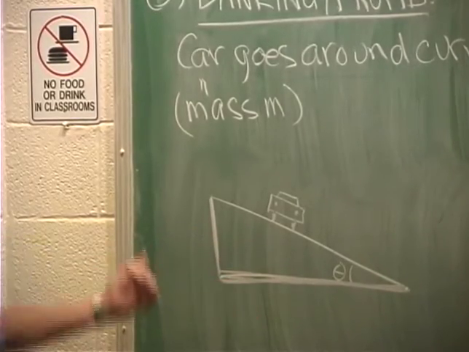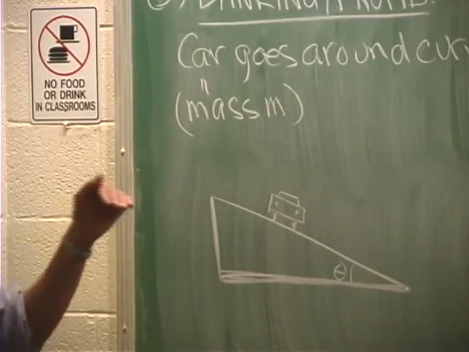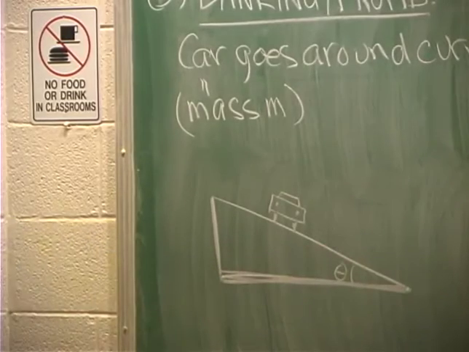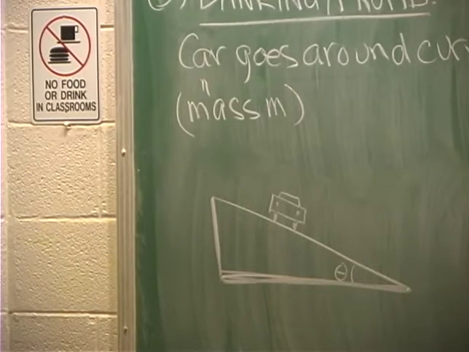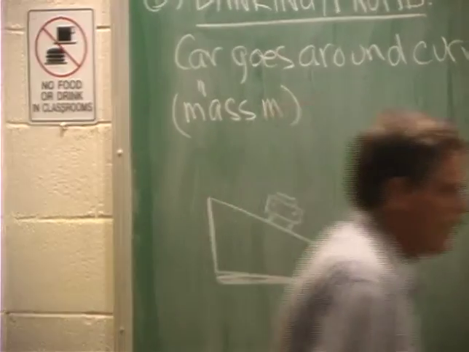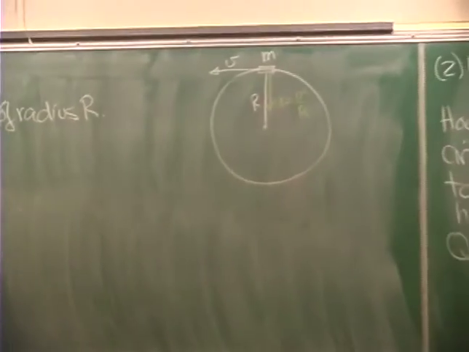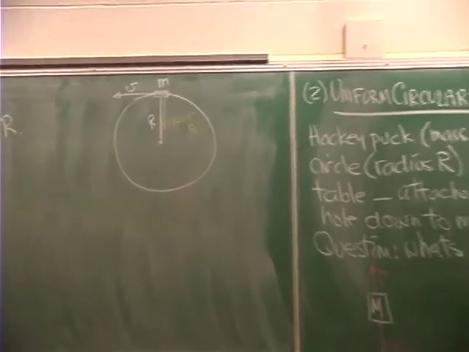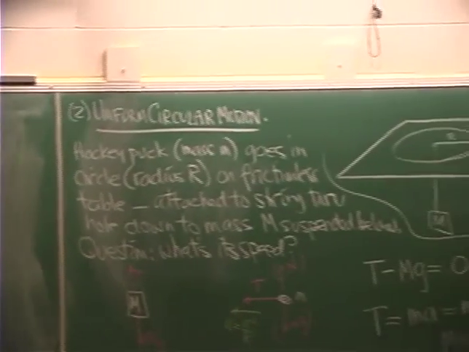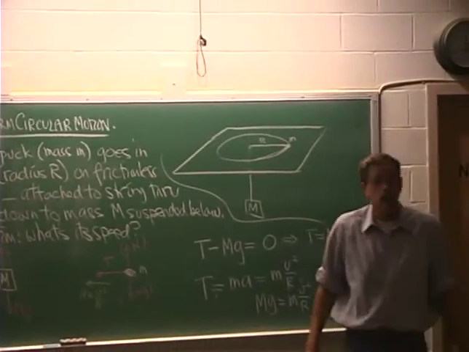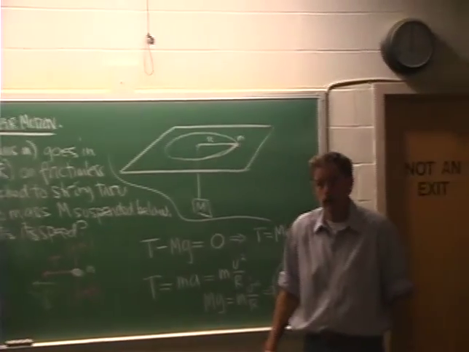So here it is with the car coming toward me, and of course it's going to be curving around like that as it goes around. Got a picture? Okay, you tell me what forces act on the car as it's going around that curve. Don't tell me mv squared over r. That's not a force, that's what you got for the force. I want to know about the forces that are acting on this thing.